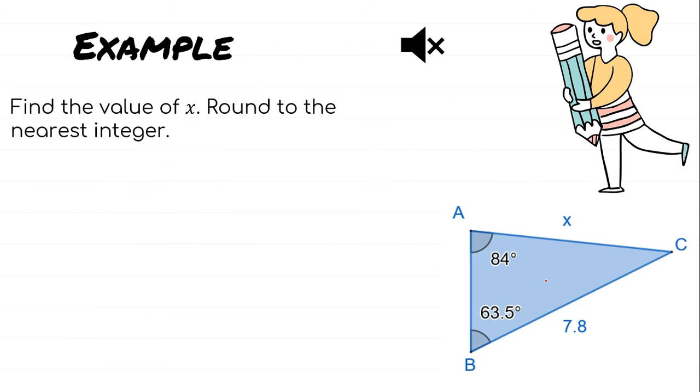Again, let's jump in and see it in action. So let's have a look. First thing I'm noticing, we've got two sides that we care about because we've got information about them. And we've got two angles. Okay, so let's just write out this formula. A over sine A is equal to B over sine B. Let's have a look. Why don't we just call this side A?